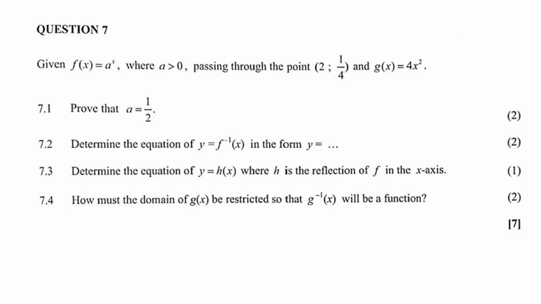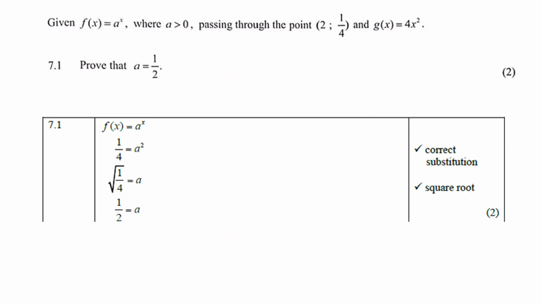Question 7.1, prove that a is equal to a half. 7.2, determine the equation of y equals the inverse of f in the form y equals. 7.3, determine the equation of y equals h of x, where h is the reflection of f in the x-axis. And 7.4, how must the domain of g of x be restricted so that the inverse of g will be a function? Let's look at 7.1.